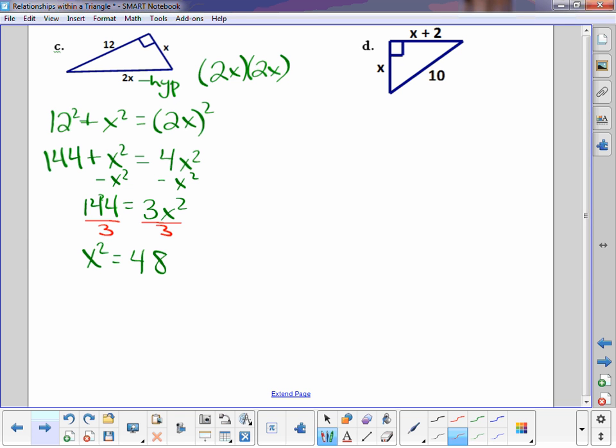Now let's go ahead and square root both sides. Alright, I want you to go and simplify that on your own. See what you get.